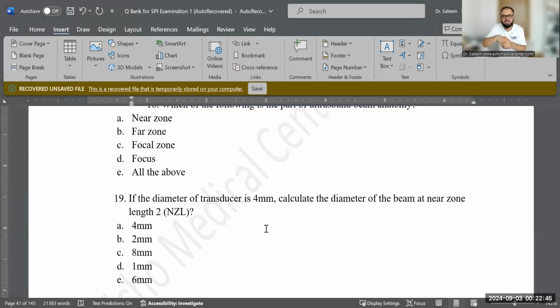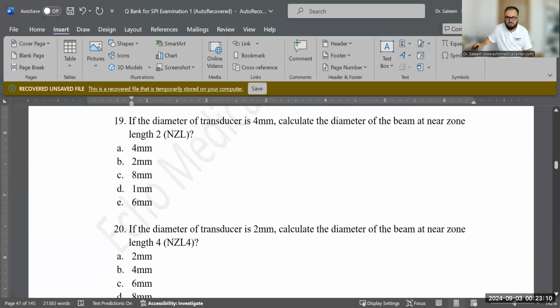So here the diameter of the transducer is 4 millimeter, and in NZL2 it will also be the same. Now, each time you increase by half, for NZL3 it will be 2.5, and then for NZL4 it will be half more, so that will be 3 times the transducer. So that is correct. For that, A is the correct answer.